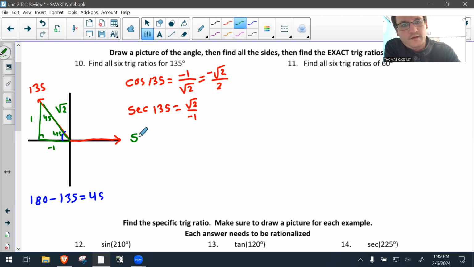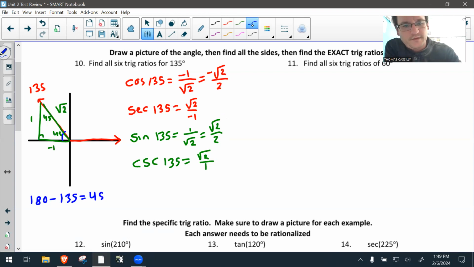Then sine of 135 is the opposite over hypotenuse. So +1 over the square root of 2, which simplifies to the square root of 2 over 2, which means the cosecant of 135 is the square root of 2 over 1.